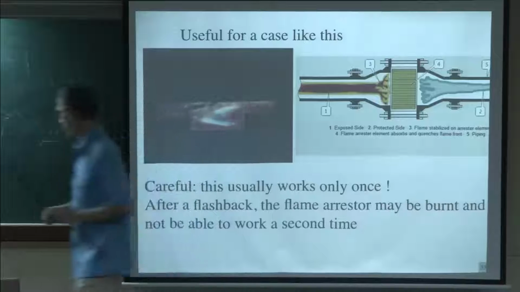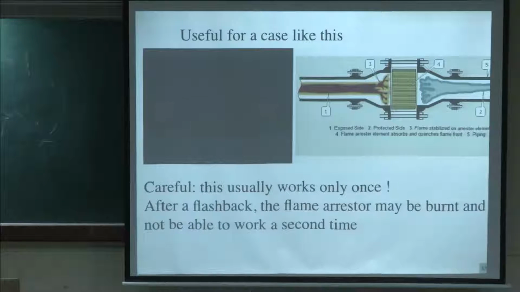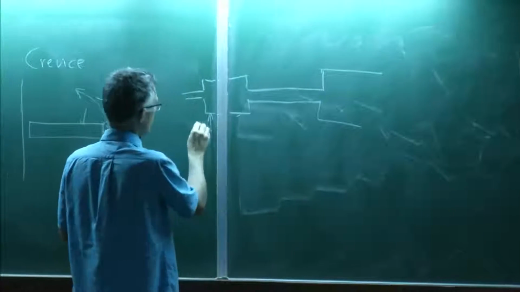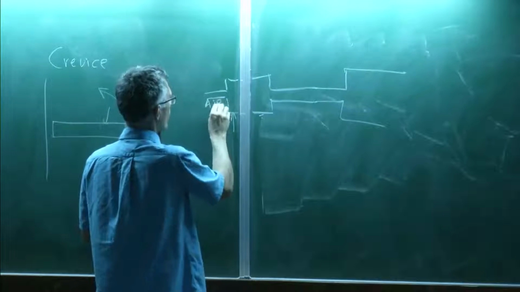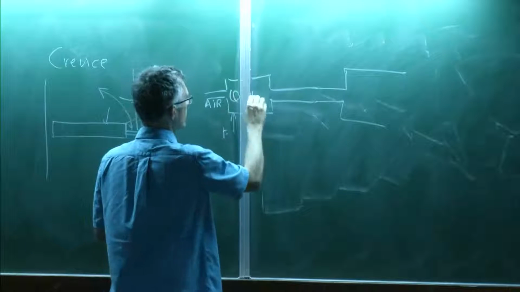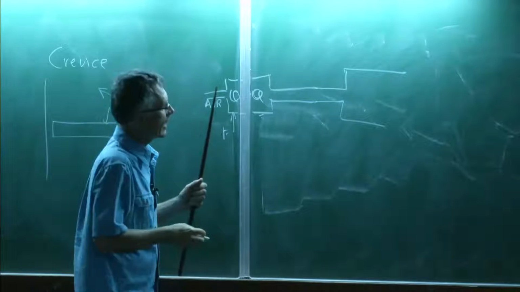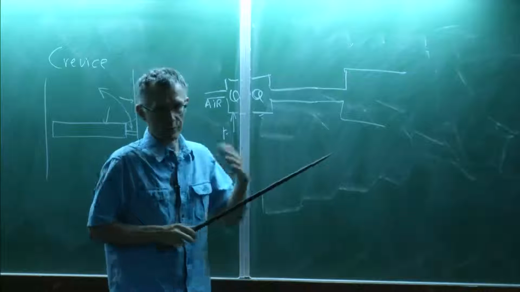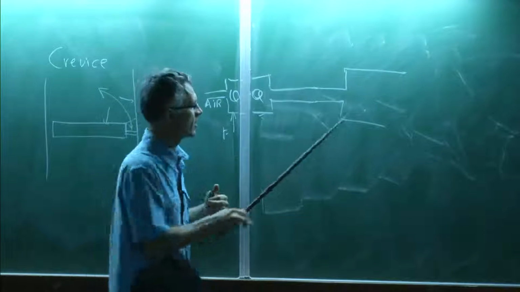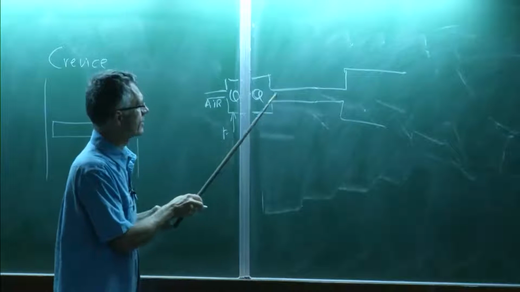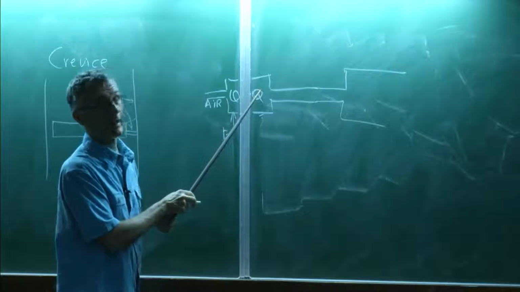And so if you build a premix system, normally you're going to have a burner here. And what most people do, that's the best way to do it for mixing, is you have here a nice chamber where you inject gas and air, and you let them mix here. And then, of course, the problem is that if you have any kind of problems, flashback, instabilities, the flame can go back here and boom. That's actually very dangerous.